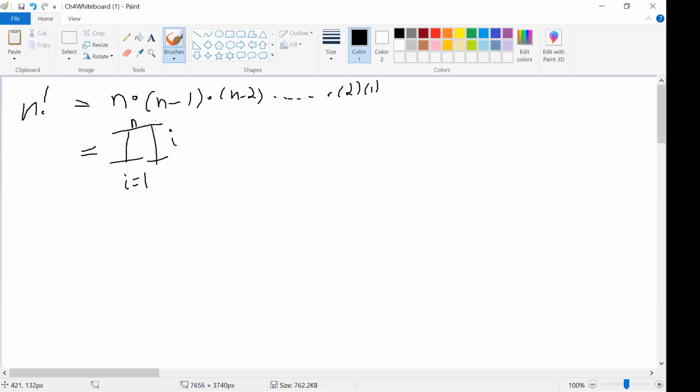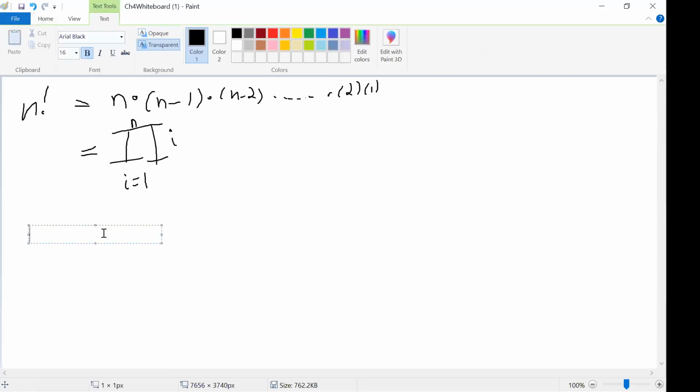Okay? Now that we have the factorials, we can explain combinations and permutations. I'll say what it is, and then I'll type it out with my 2 hands so we can go a little bit faster. So combinations are selecting n objects, like lowercase n, from capital N objects where the order does not matter.